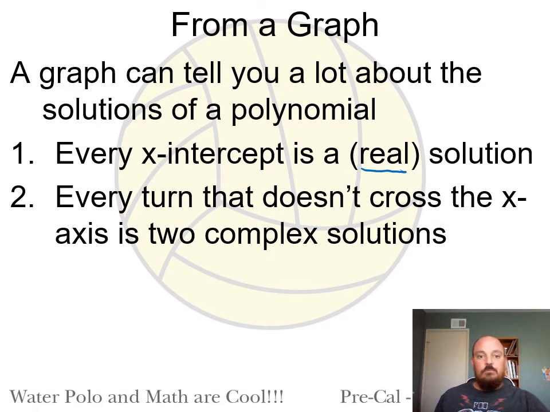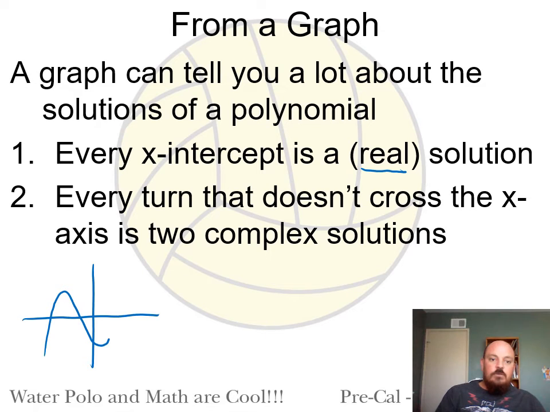Now, every time the graph does not cross the x-axis, it gives you two complex solutions. And let me draw a couple pictures real quick and show you exactly what I mean by that. So let's say I have a polynomial and it does this. It goes up, down, and back up.